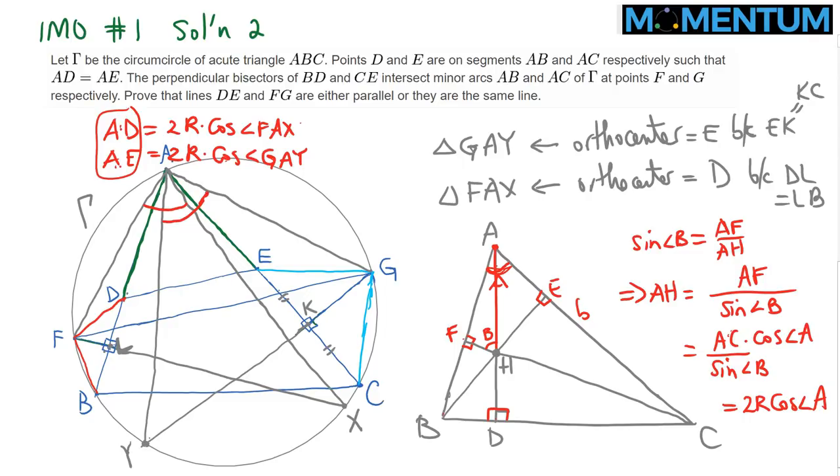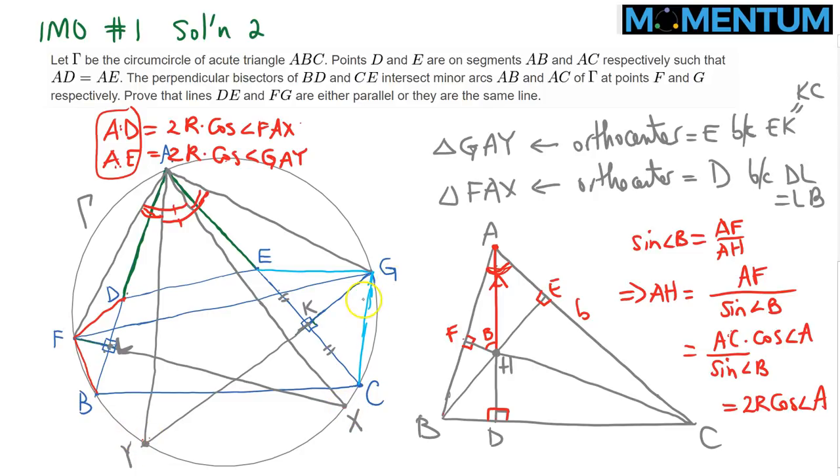So those two angles are congruent. That suggests that minor arc FY is equal to minor arc GX, because the middle section is the same in both of them, so therefore the sides are also congruent.